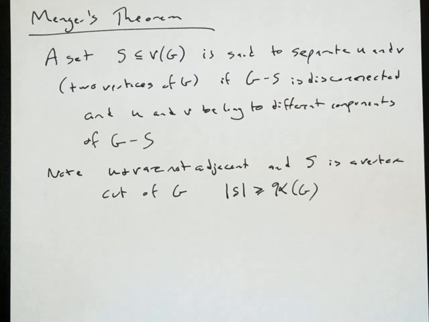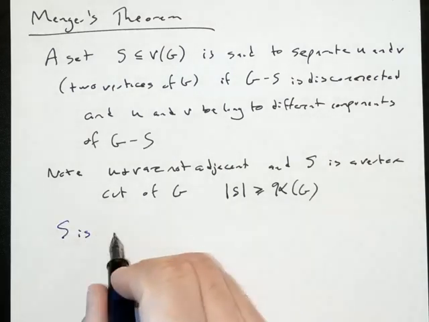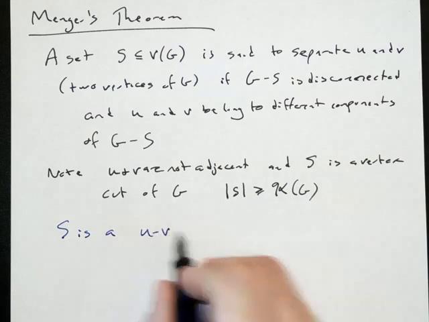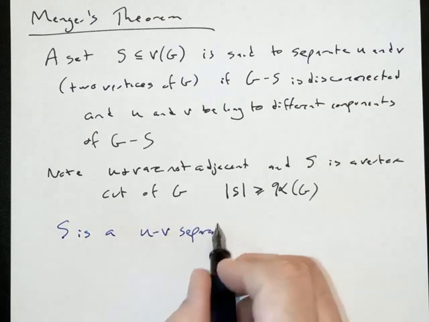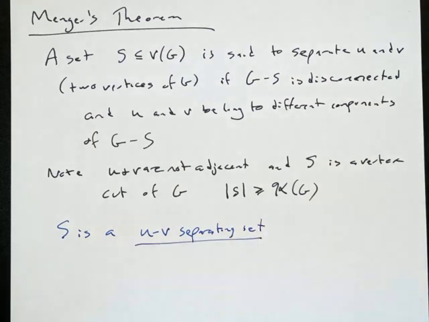Leave U and V and take away everything else. But at least kappa of G. So if I had the smallest such UV separating set, the one of minimum cardinality will be a minimum UV separating set.